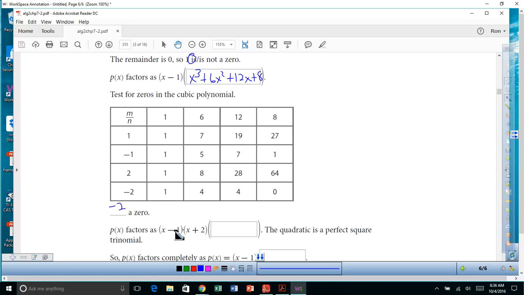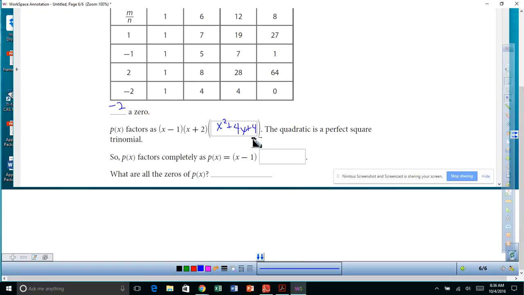We have x minus 1 times x plus 2 times, and remember it started out as x cubed, so this will make x squared plus 4x plus 4. The quadratic is a perfect square trinomial. So we're going to have x minus 1 times, and let me show you, x squared plus 4x plus 4, that's going to give you x plus 2 times x plus 2.